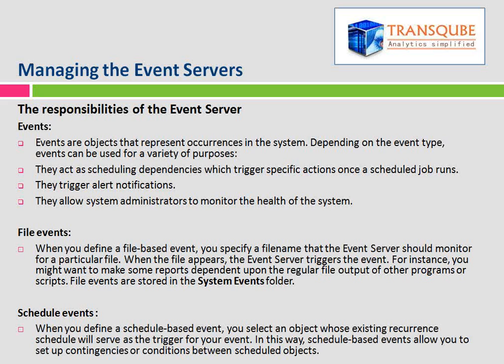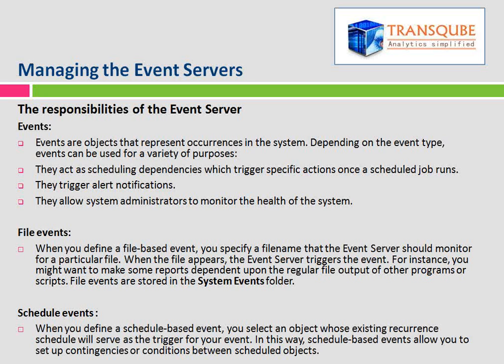Let us say an ETL job: the moment it completes processing the entire data, only then you want to run the report. Although it is expected to complete by 2:30 a.m., it may not finish by that time for various reasons. You want to make sure that scheduling a refresh of the data can be controlled based on an event link. The event server's responsibility is to manage the events.